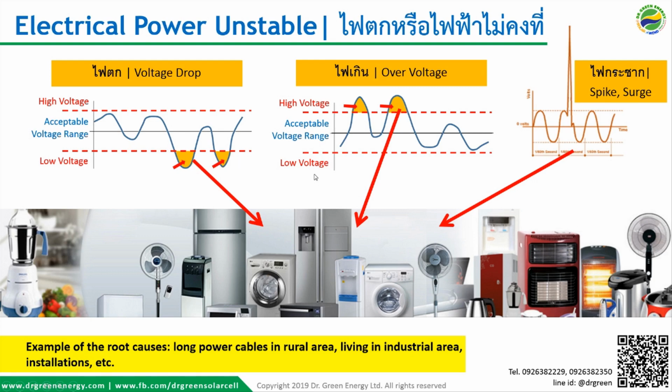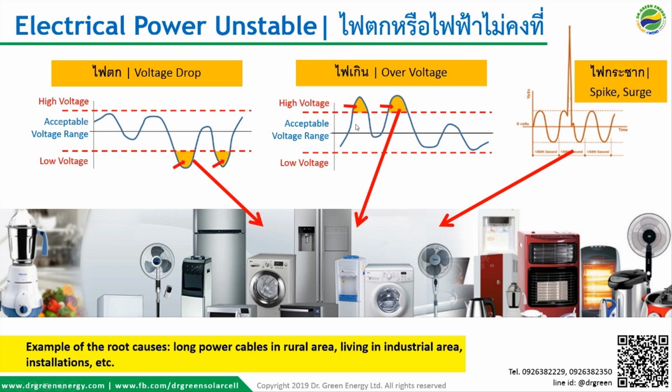And the next scenario is over voltage. Normally the normal working range of the incoming input voltage from the grid will be about, for example, 220, 234, 238, something like that.